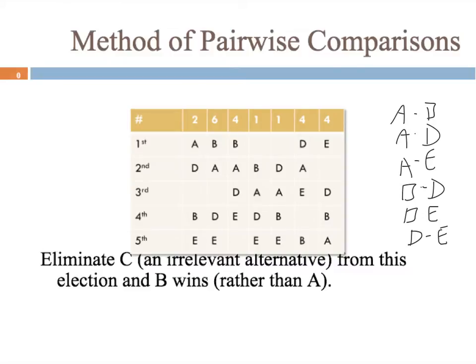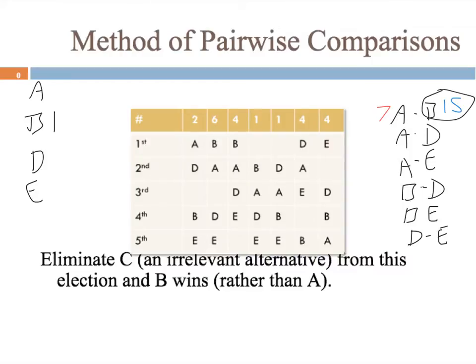A to B, it looks like A leads B only 7 times. So B would have to lead the other 15. So let's keep a tally over here. So B would win that one.